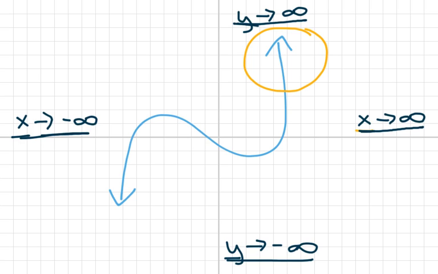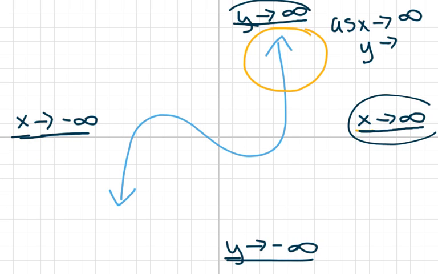What this allows me to do is, when I go to write my end behavior, I'm just going to look at what quadrant I'm in. Remember, we're always going to start with the x. In this quadrant, as x approaches positive infinity, y approaches positive infinity.